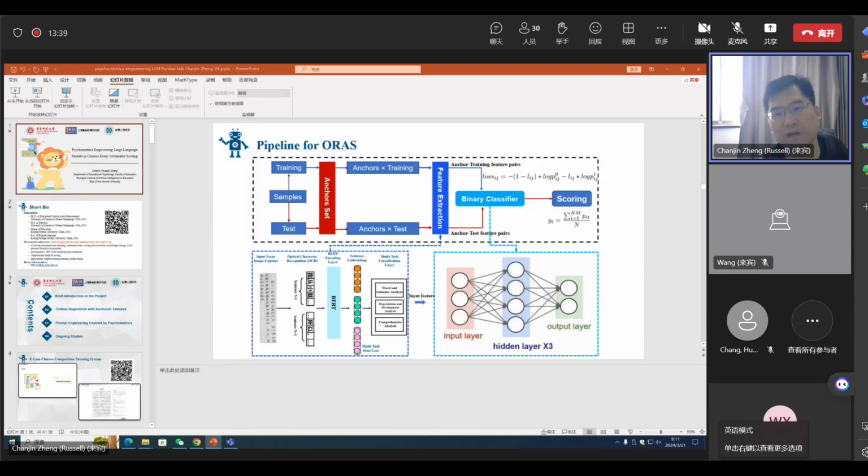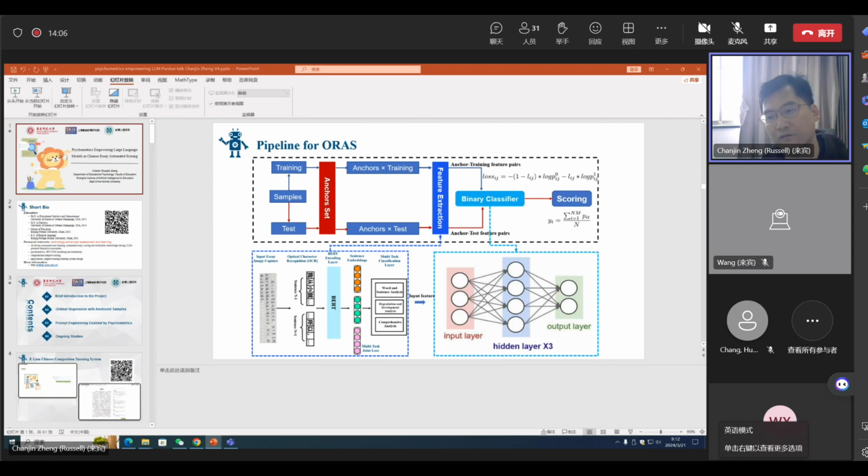It's more like this. We have a sample. Here first is the training algorithm. So we have the training samples, which we compare to the anchor set. Then we do feature extraction first, which is achieved by the BERT engine I've talked about.